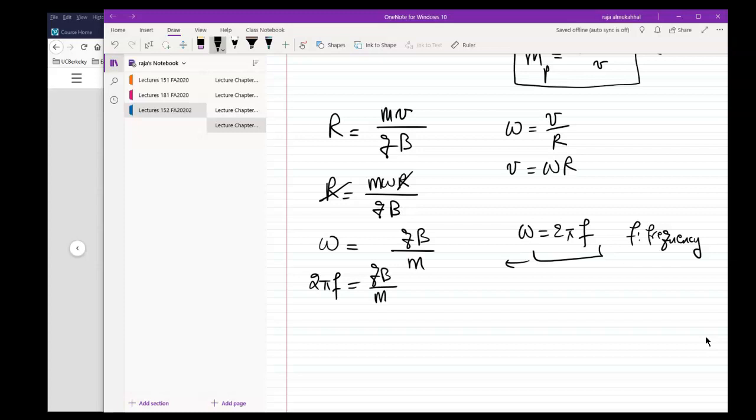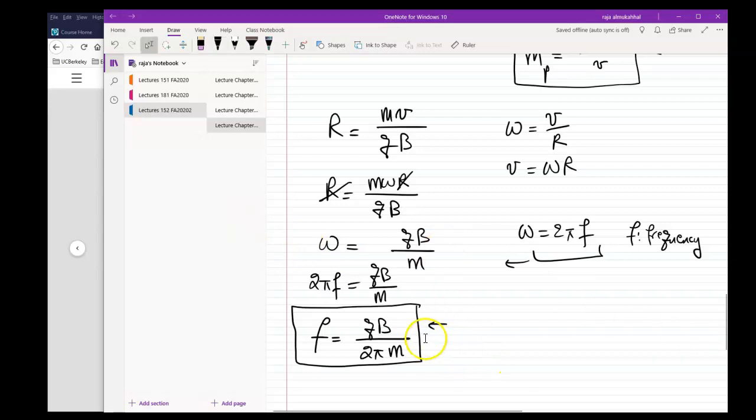Now if I solve for the frequency, it's going to be equal to qB over 2 pi m. That's another useful formula, and this is the one that I'm familiar with personally: the cyclotron frequency is qB over 2 pi m. And that leads us to the next example, which is example 20.2.